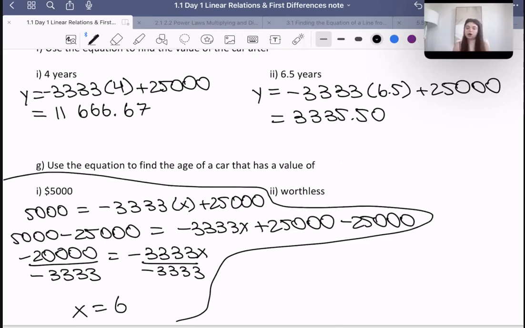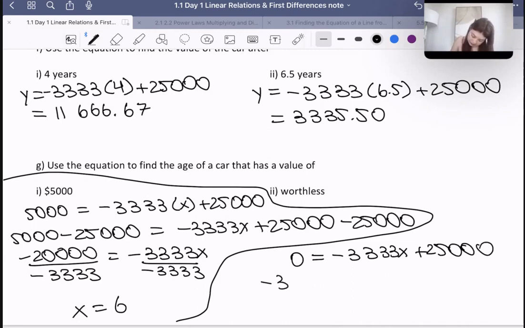When will the car be worthless according to this equation? Now, actually, I'd argue no car is completely worthless. You probably could at least get a few hundred dollars for parts for it. But according to the equation, it would be worthless when y is equal to 0, when the value is 0. So 0 is equal to negative 3,333x plus 25,000. That means negative 3,333x is equal to negative 25,000.